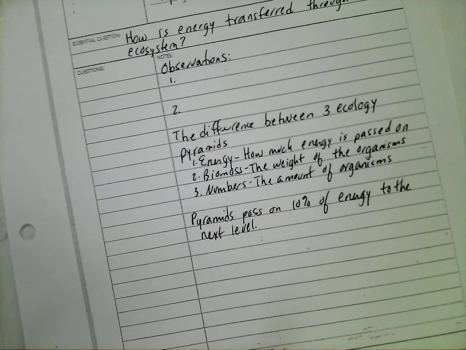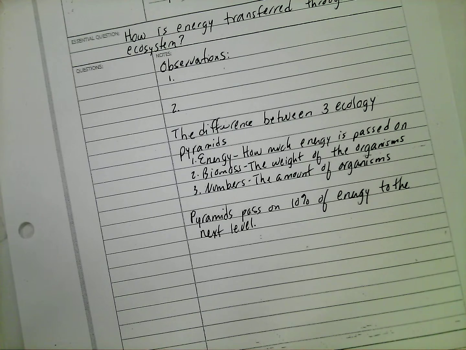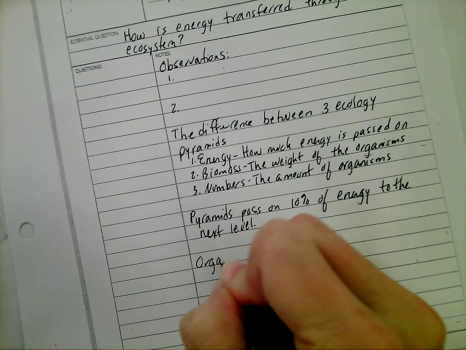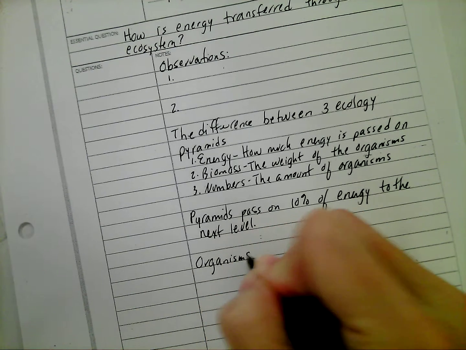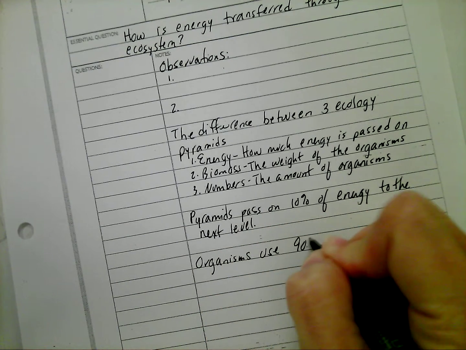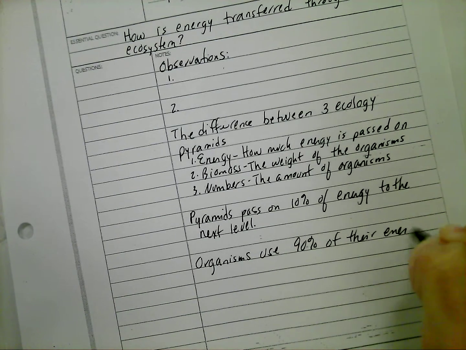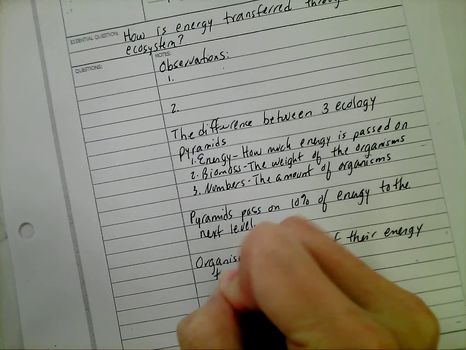So now we need to know, well, what on earth do you do with all that energy? Okay? Organisms use 90% of their energy throughout their lifetime.